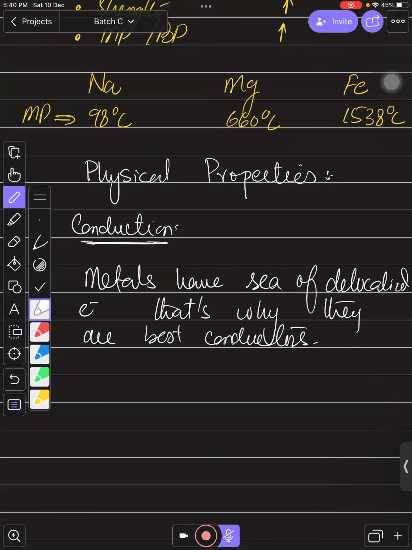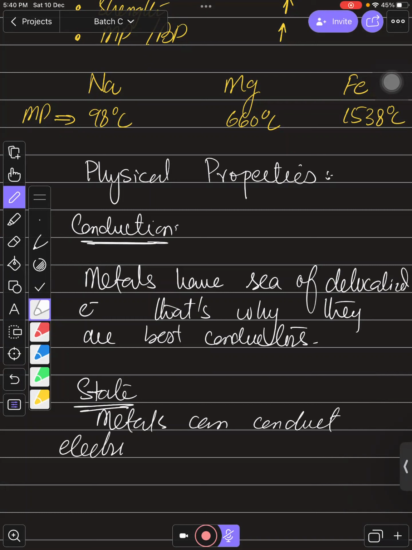And you need to remember the state. Metals can conduct electricity in solid and molten state. And if you talk about mercury, mercury can conduct electricity in its liquid state, right?